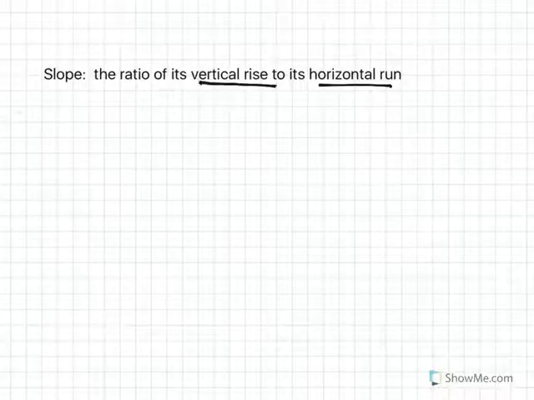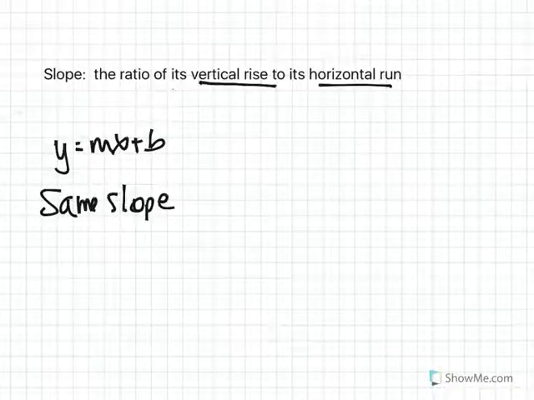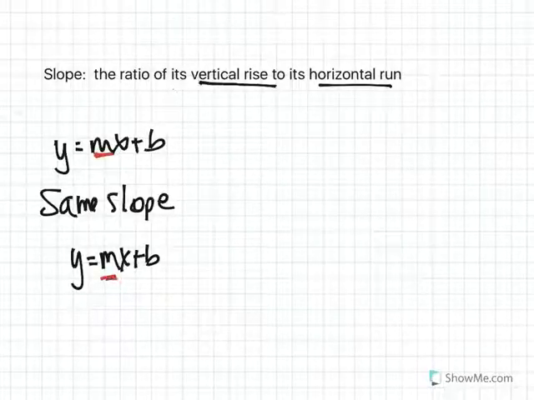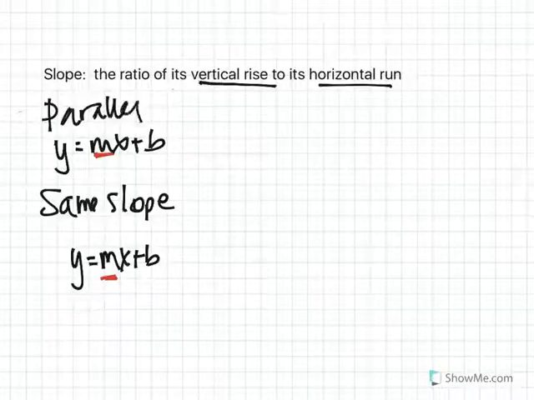Okay? So if a line is parallel, y equals mx plus b, same slope. y equals mx plus b. They both have m, the same slope. That's for parallel lines.